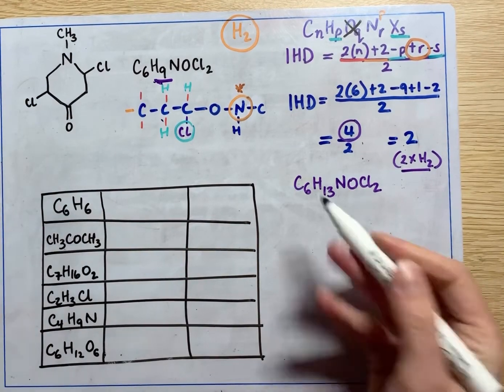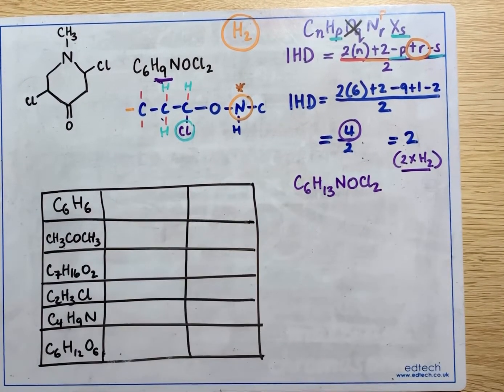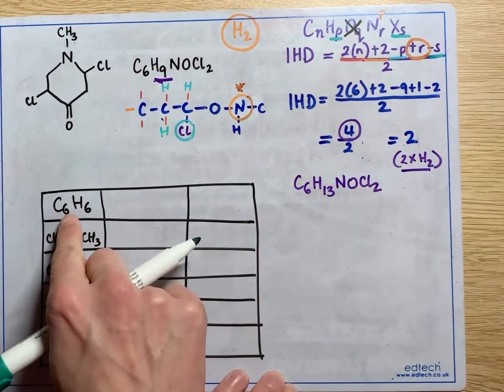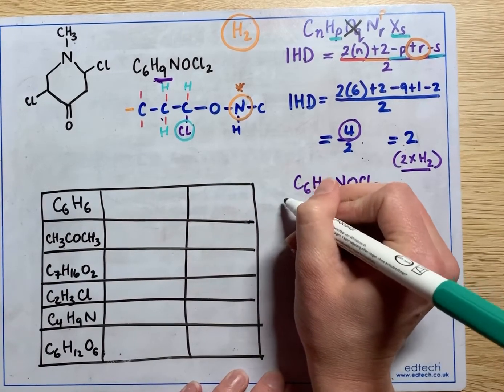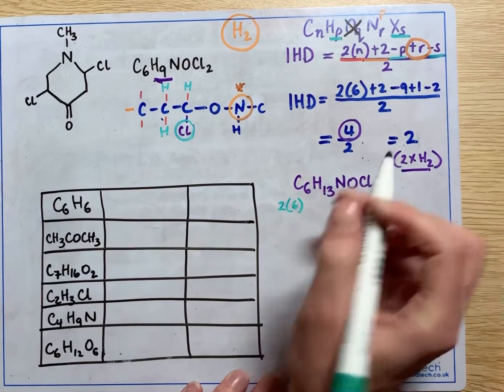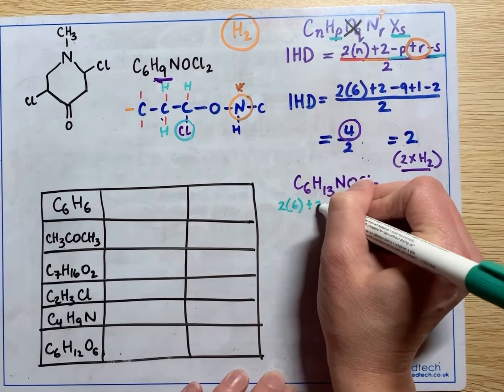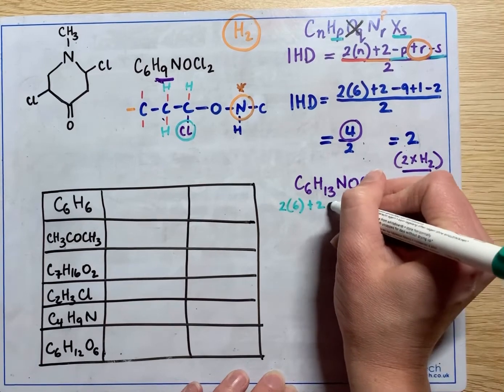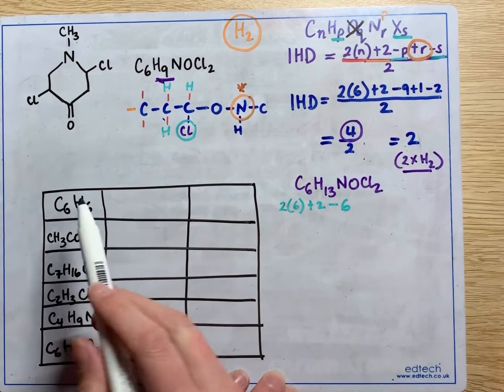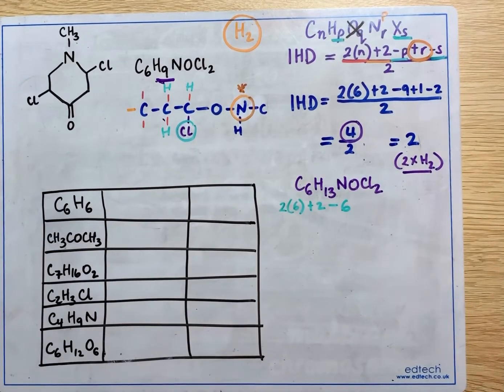We're looking for, now we'll find the index of hydrogen deficiency by doing the calculations. So let's do that, just to keep that clear from here. I'll write them in green here. So this one, we've got 2 lots of 6 hydrogens, plus the 2 extra spaces at the end, subtract the 6 hydrogens we've got there. We have no nitrogens or halogens to worry about with this one.